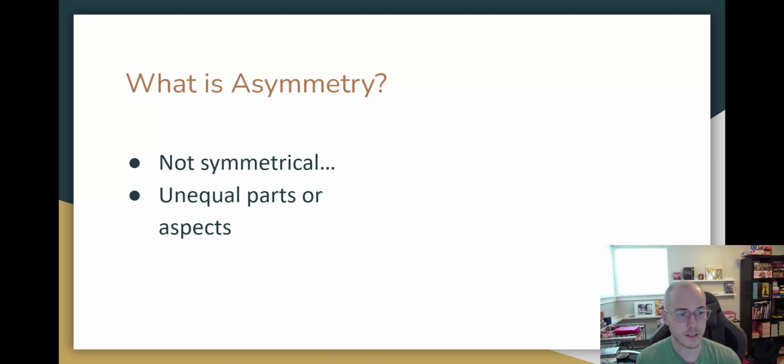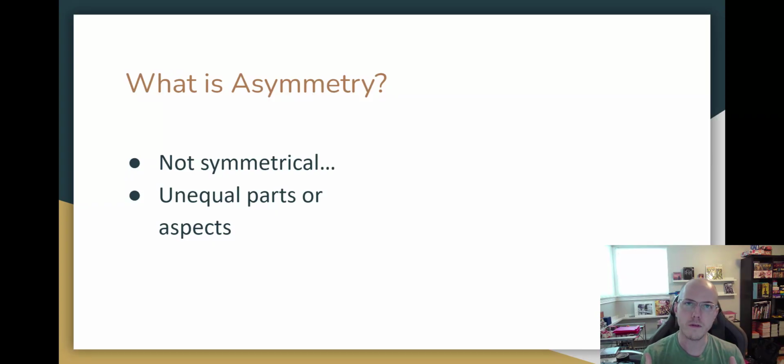A really obvious example would be something like asymmetry in our bodies, right? We typically see things like symmetry or asymmetry in the face, right? So if you were to slice somebody's face down the half, does it look the same on one side versus the other? There's a whole host of reasons where we might see slight differences or variations, and that would be asymmetry in the face or in the body or other things.